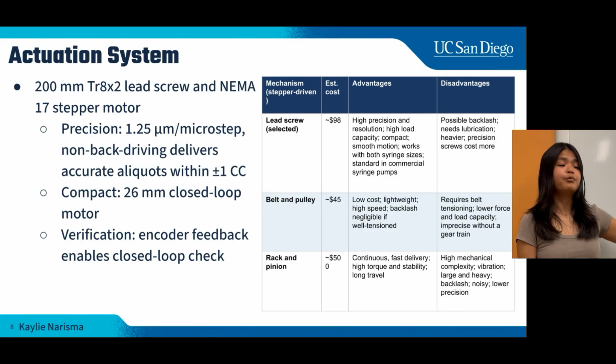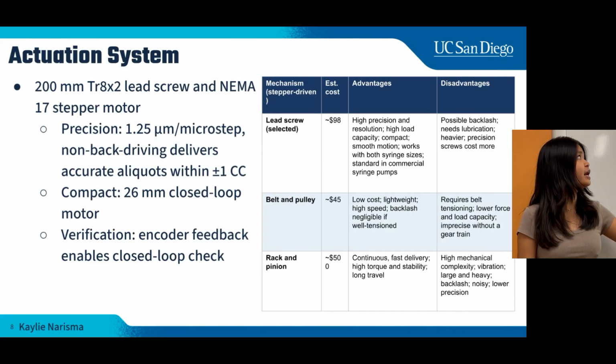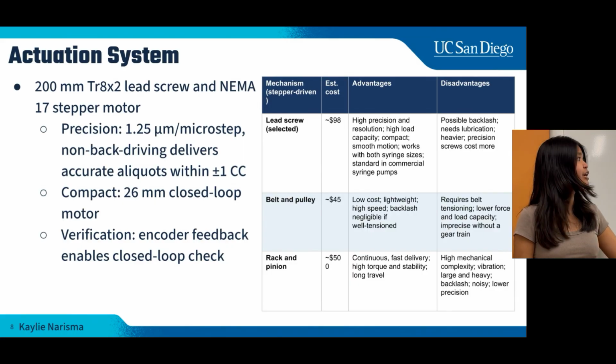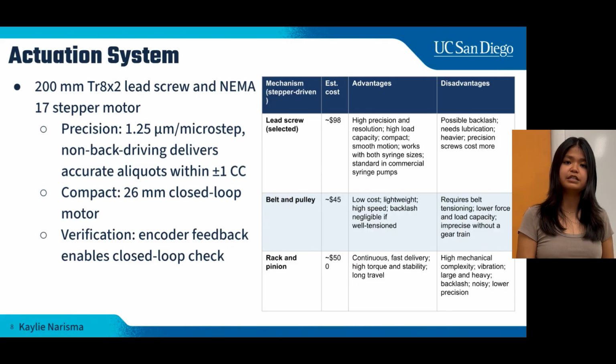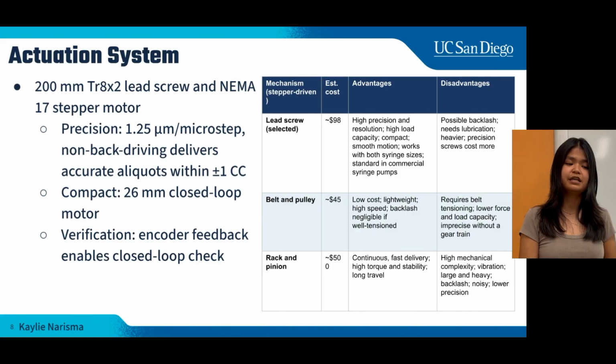As you can see, we went with the 200mm TR8x2 lead screw and NEMA 17 stepper motor due to its precision of 1.2 micrometers per microstep, meaning minimal backlash and being able to deliver accurate injections within plus or minus 1 cc. And with our stepper motor, its compact and encoder feedback allows proper linear displacement among the plunger axis.